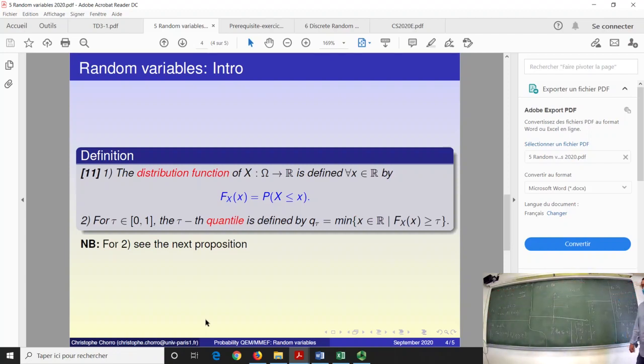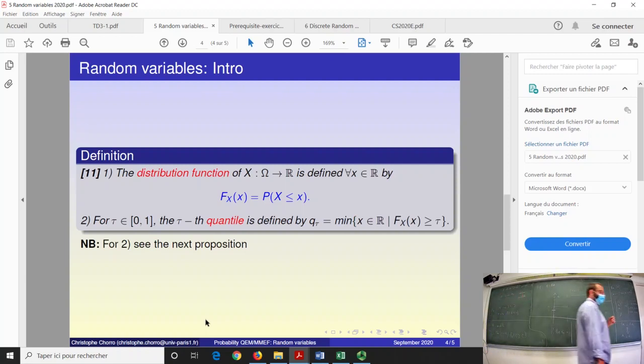And tau is just an element in the interval (0, 1). So have a look here, for example. If I consider a tau being here, so my tau is between 0 and 1, I suppose that my tau is here. What is the minimum in my situation of the x such that the distribution function is greater than tau?